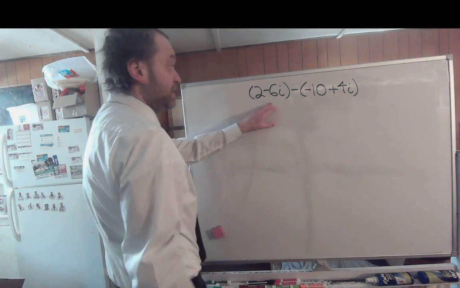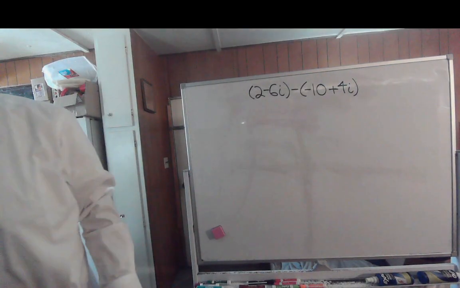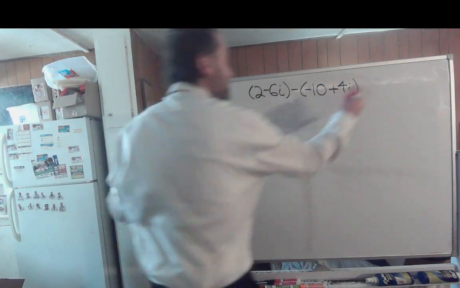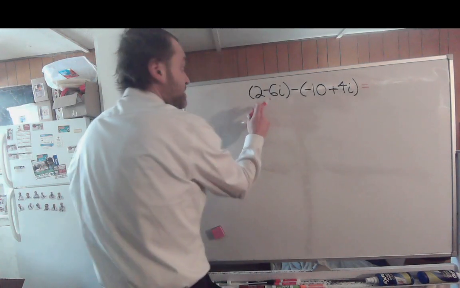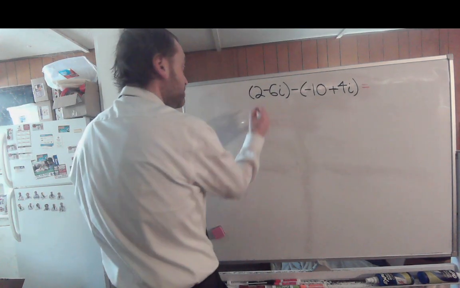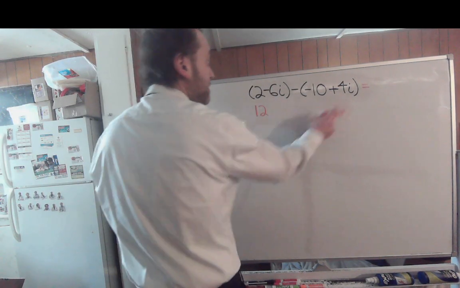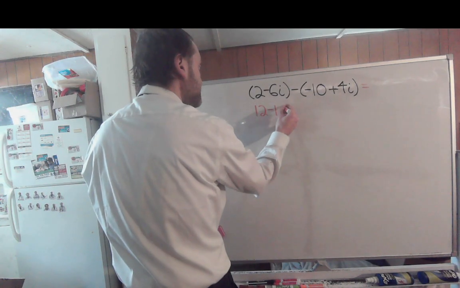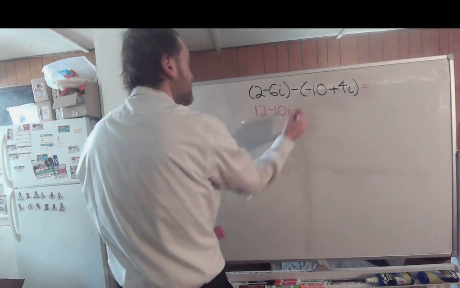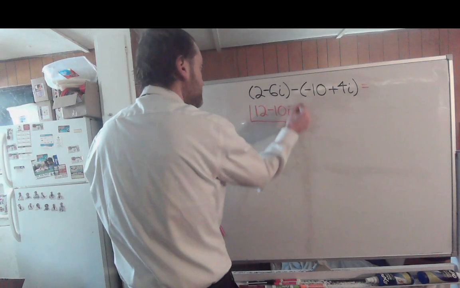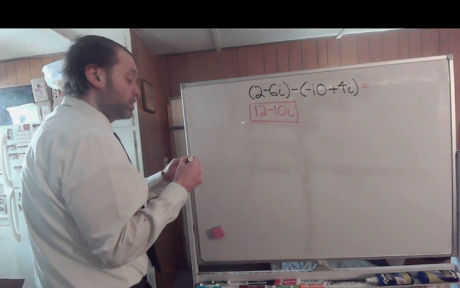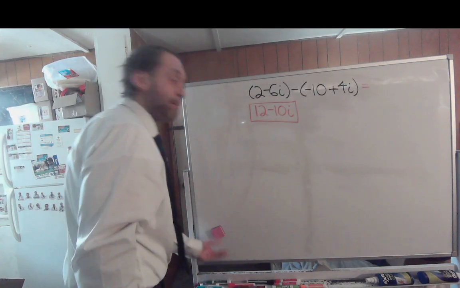We have 2 minus 6i minus negative 10 plus 4i. So let's see, 2 minus negative 10 is 2 plus 10. That would give you 12. Then negative 6i minus 4i would give you minus 10i. So the complex number you should get would end up being 12 minus 10i.